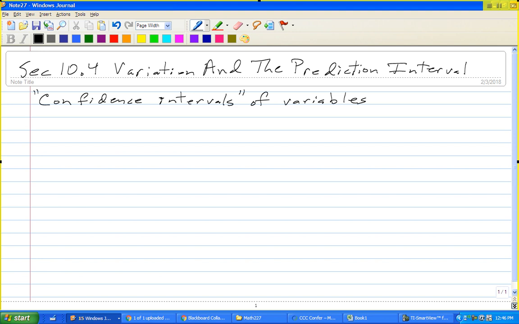So maybe I'll say it this way: confidence intervals are interval estimates of parameters.